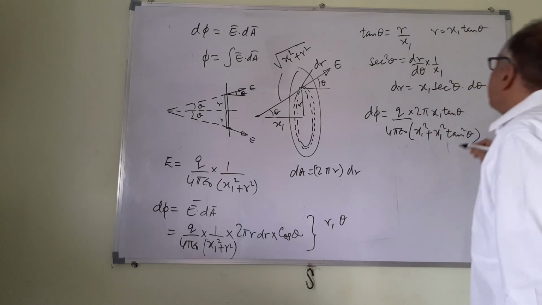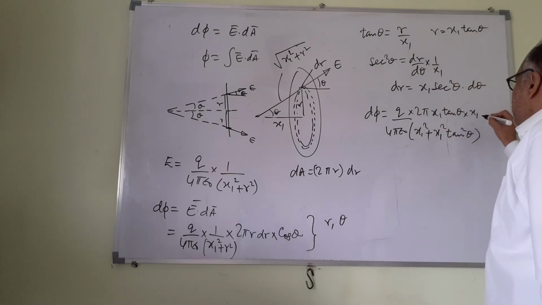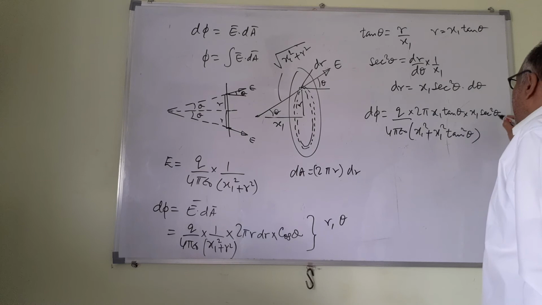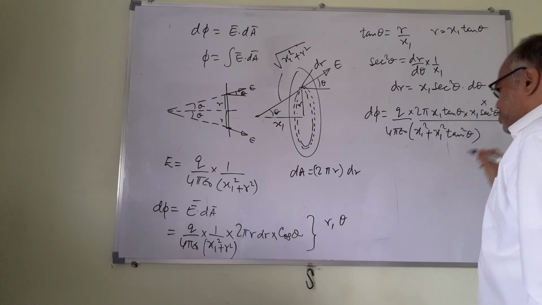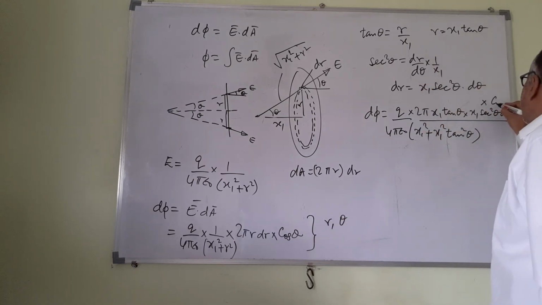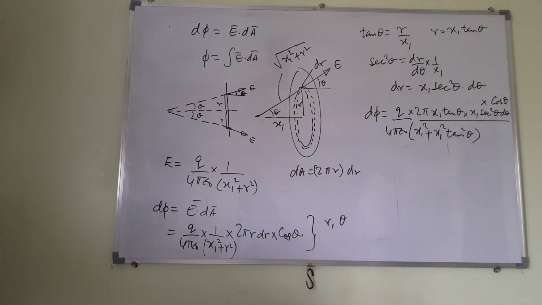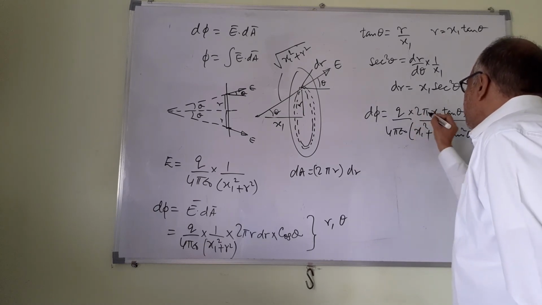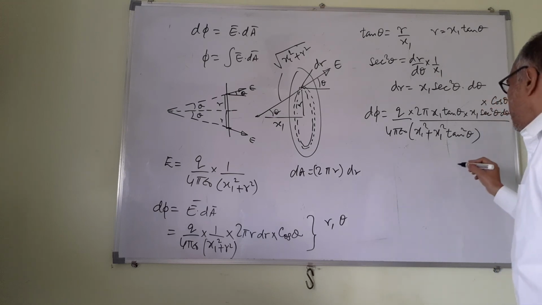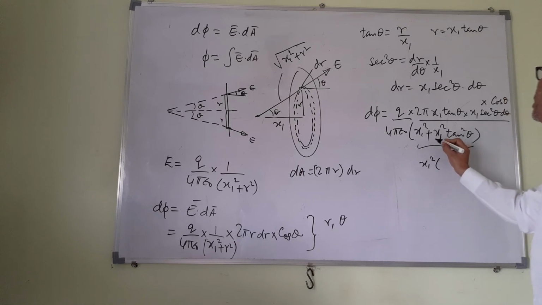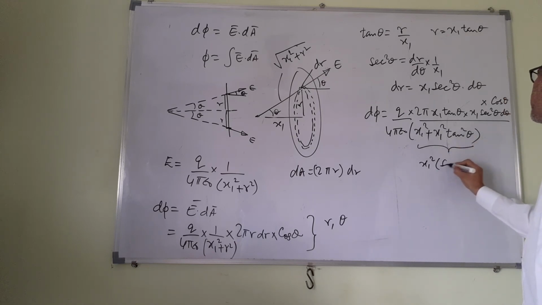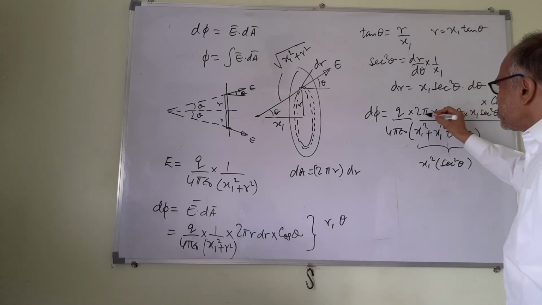Instead of dr, I am going to put x1 secant squared theta d theta, and there is also a cos theta into cos theta. So many things are going to cancel here. First of all, if you take x1 squared common, you will have 1 plus tan squared theta, which is secant squared theta.